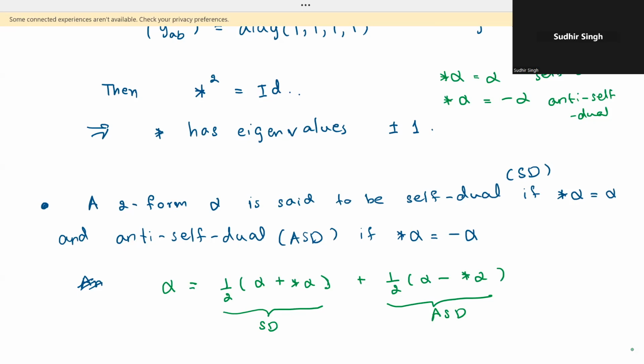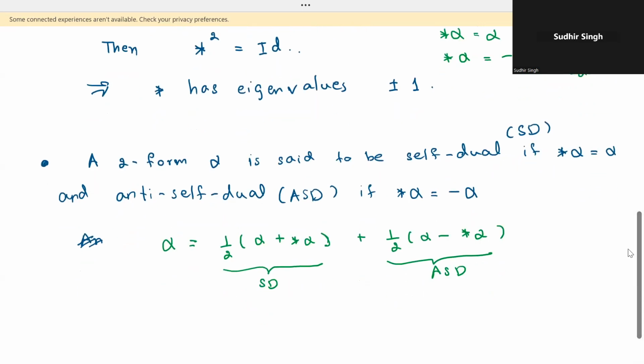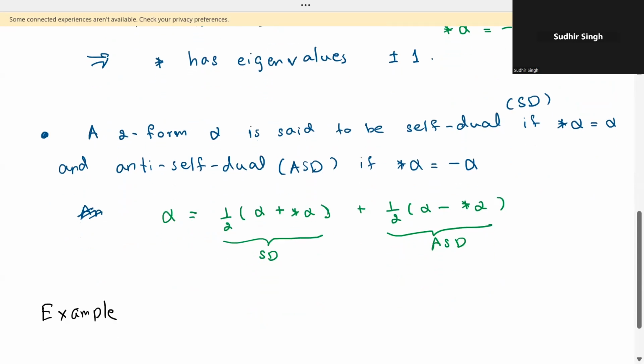Let me again write down an example for you to verify that. For example, let's say M is R^{2,2}. By this, I mean it is R^4, but with a flat metric of neutral signature. Suppose the coordinates on this R^{2,2} are x0 to x3.